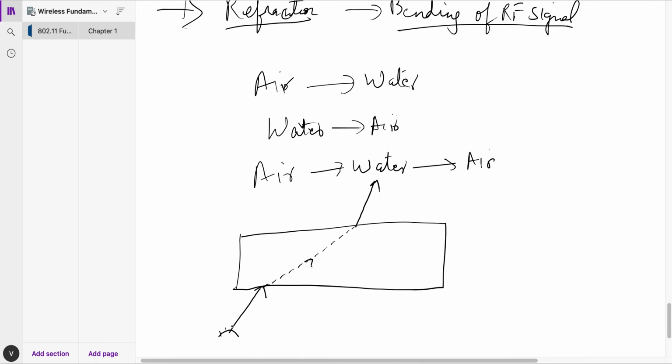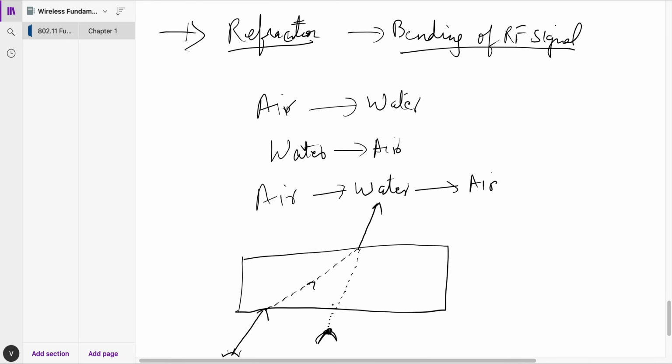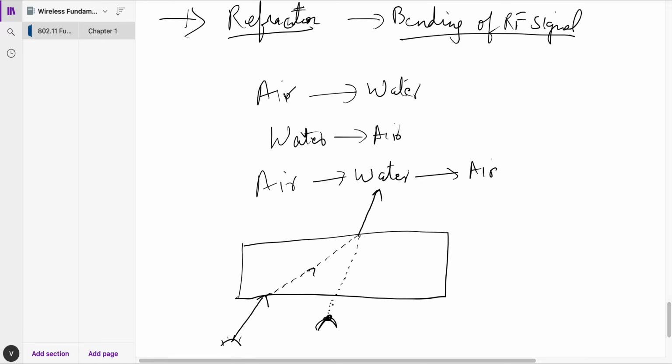If the device was somewhere here, it will think that the device is somewhere here. This is called refraction because of the bending of the RF signal when it moves from one medium to the other. That's another characteristic or behavior of radio frequency that you should know, which will cause some loss, some attenuation of the RF signal.